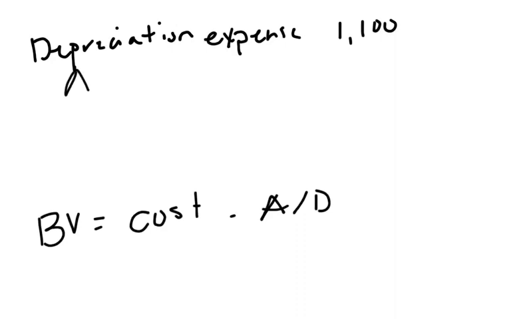So we've got accumulated depreciation, and we credit it for $1,100. Accumulated depreciation is actually an asset account, but it is a contra asset. So it's contrary to the norm. So where assets normally have a debit balance and are increased by debits, accumulated depreciation is a contra asset.